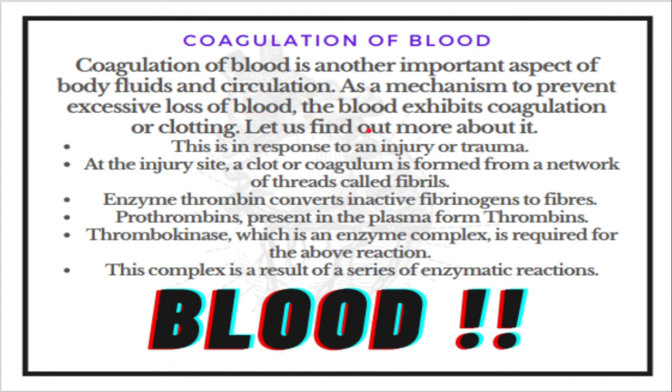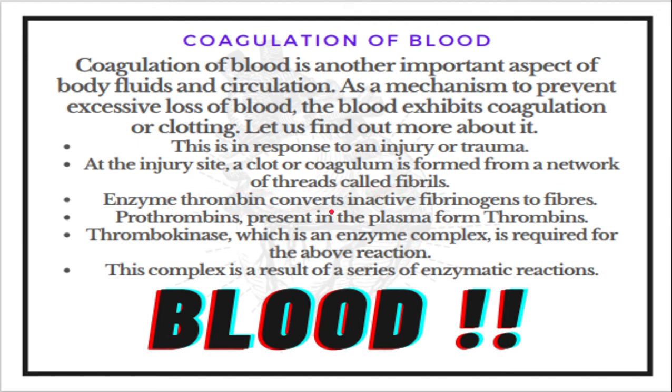The body exhibits coagulation or clotting, and how does this happen? Let's discuss. This is in response to an injury or trauma. I have already said that coagulation of blood prevents us from excessive loss of blood. Now, at the injury site, a clot or coagulum is formed from a network of fibrils.